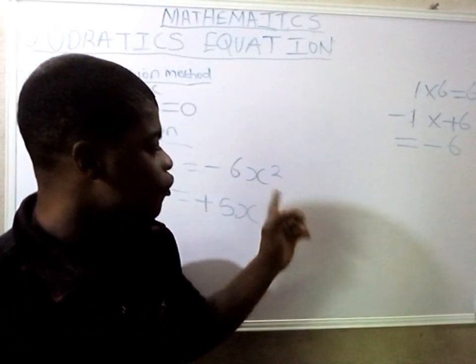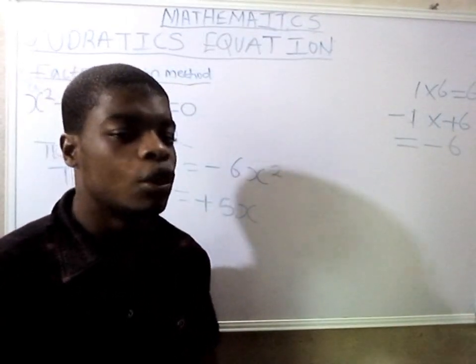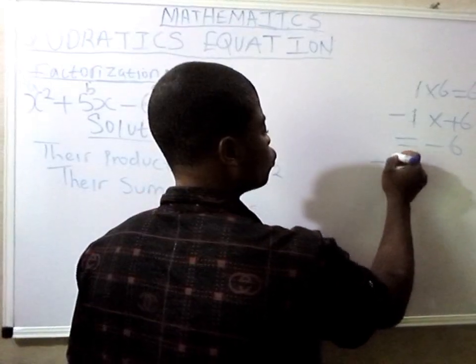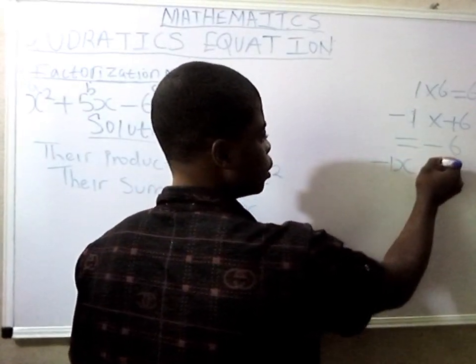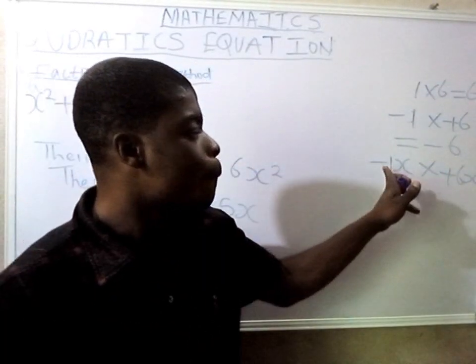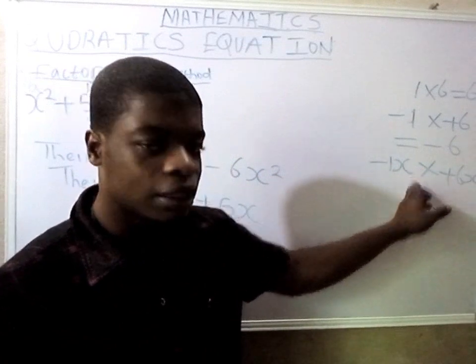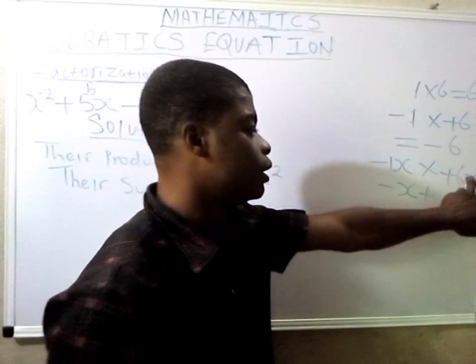But we have the variable here which is x. So let's introduce the variable to the two constant numbers by saying minus 1x times plus 6x. So minus 1 times x is minus x, plus 6x.